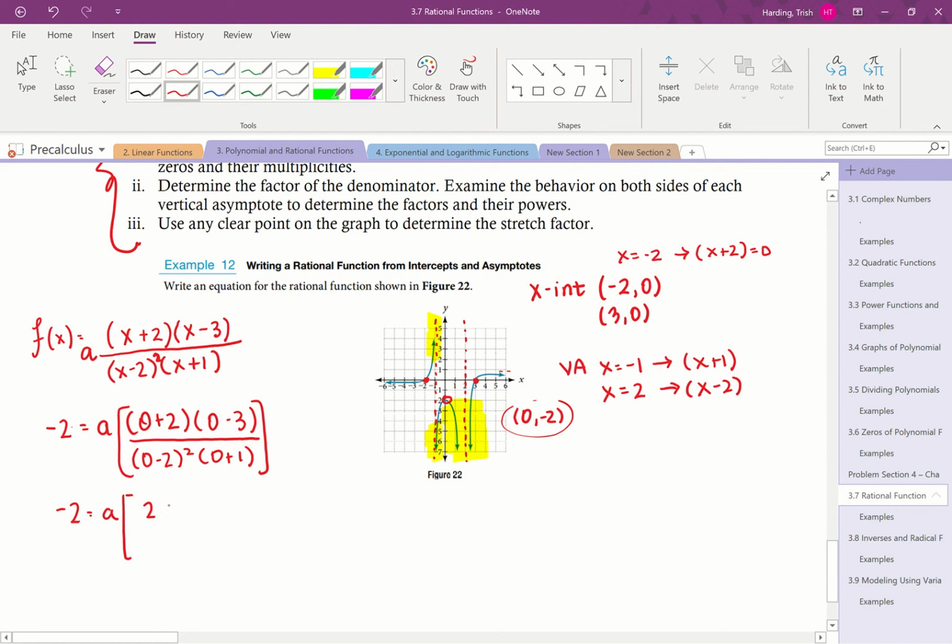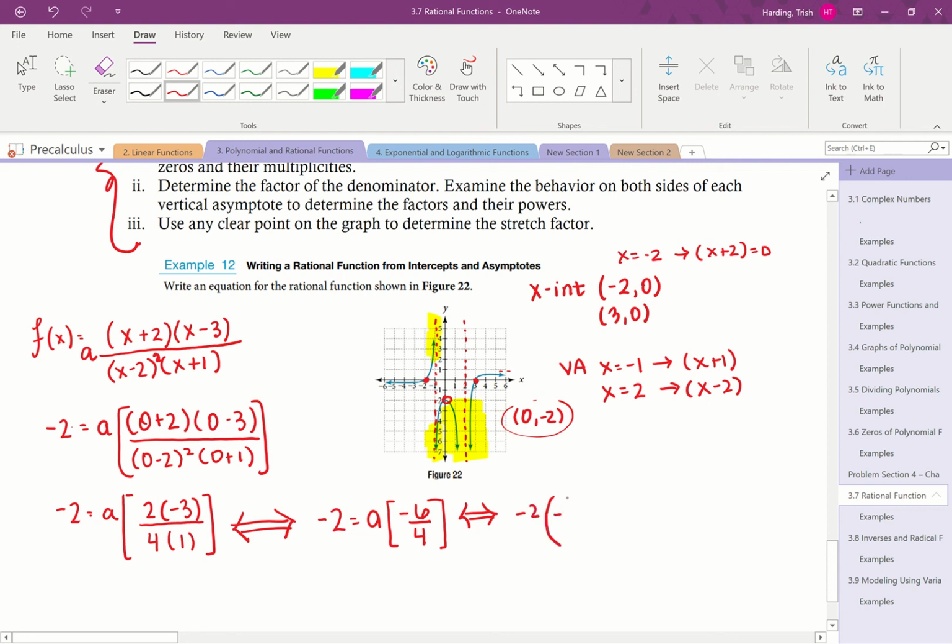So I'm going to get 2 times negative 3 divided by negative 2 squared is going to give me 4 times 1. So I am going to get negative 2 is equal to a times negative 6 over 4. And then I can just multiply by the reciprocal of the fraction to get it to the other side.